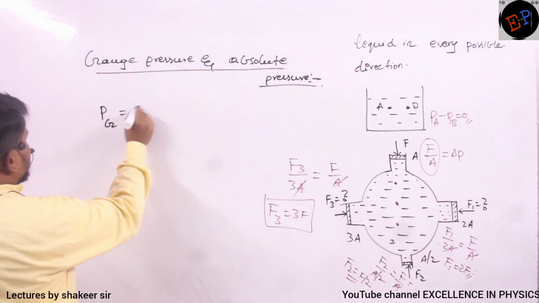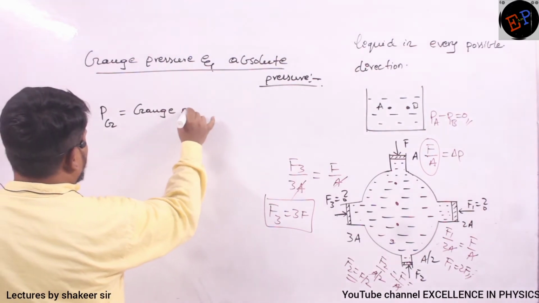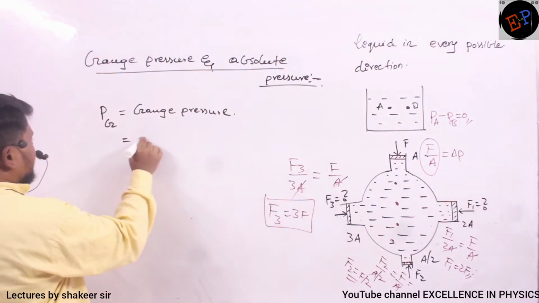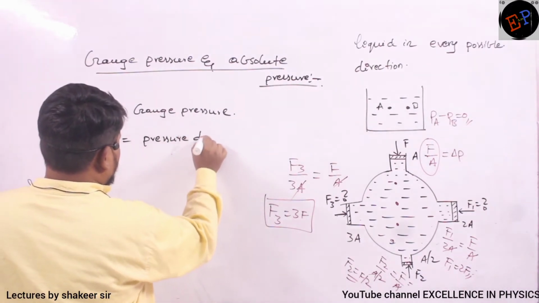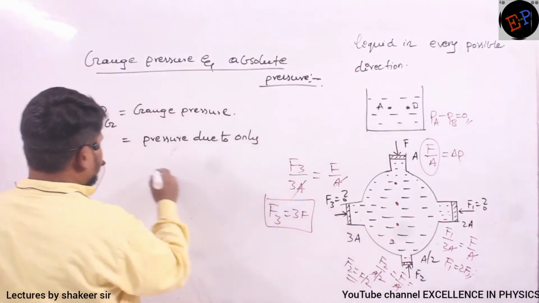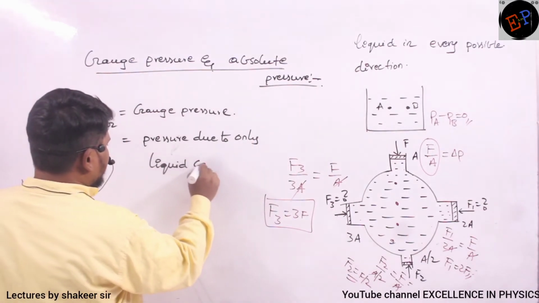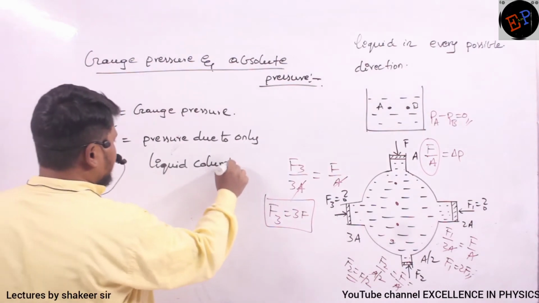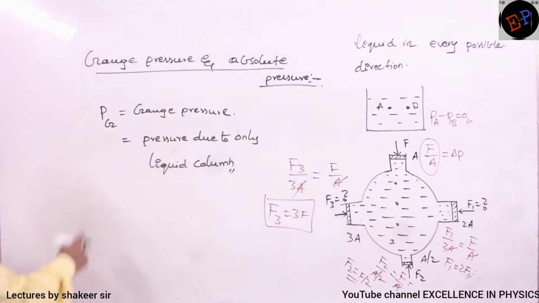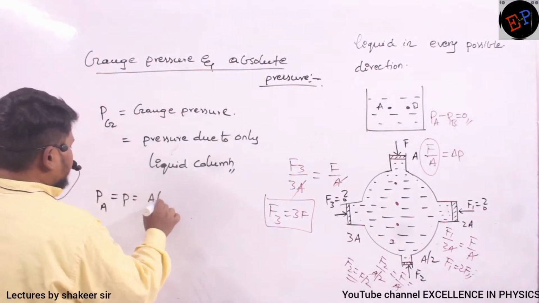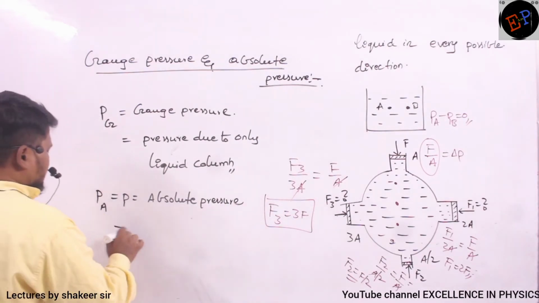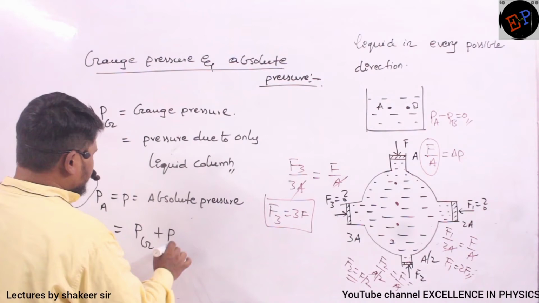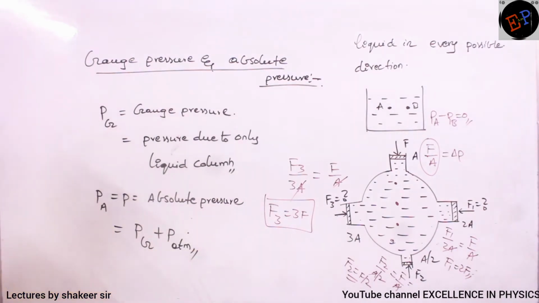PG, gauge pressure, is nothing but pressure due to only the liquid column. If you consider pressure only because of the liquid column, then it is called gauge pressure. Then absolute pressure, PA, or you can just call it P also. What is meant by absolute pressure? Absolute pressure is nothing but gauge pressure plus atmospheric pressure, P atmosphere.